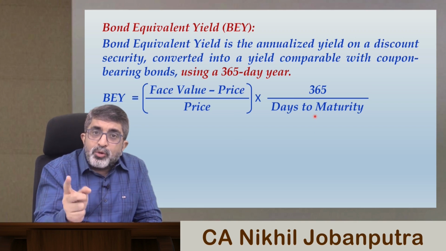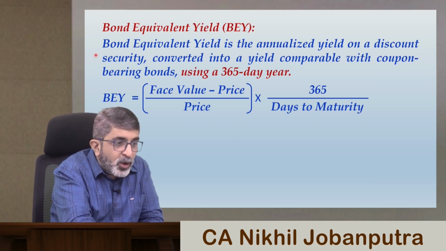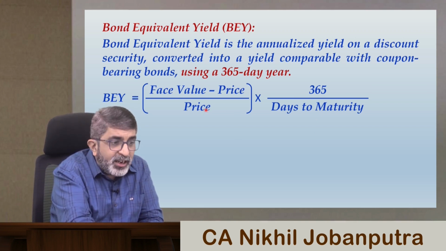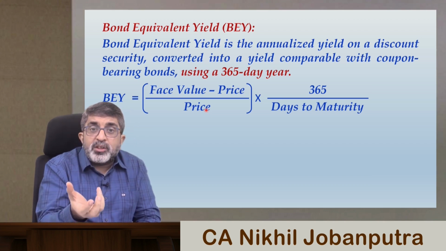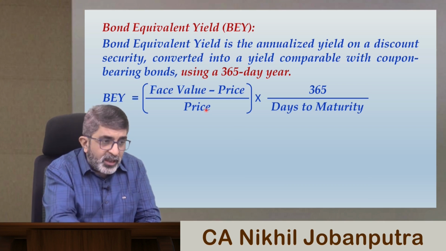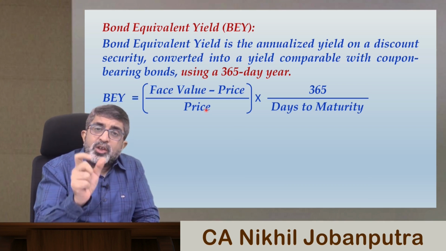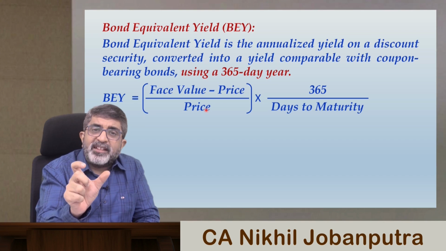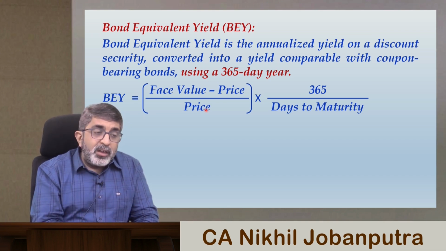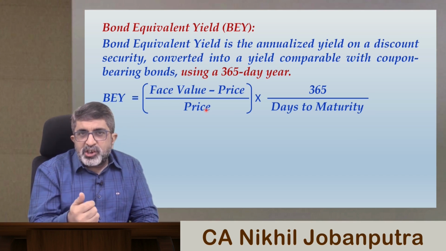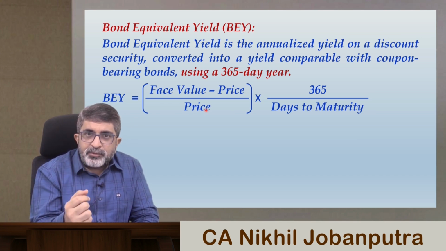That time you just have to take care of one thing: if you are computing bond equivalent yield, the denominator will be the current market price because it is computed based on the money that you are investing today, and if it is a discount yield, you are going to consider the denominator as the par value of the instrument.